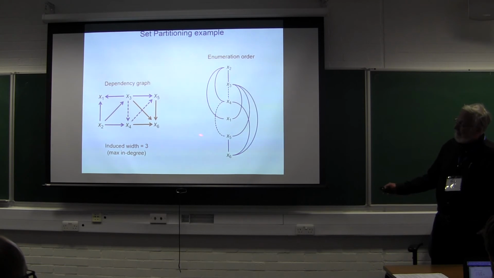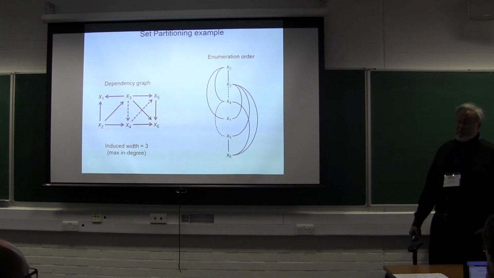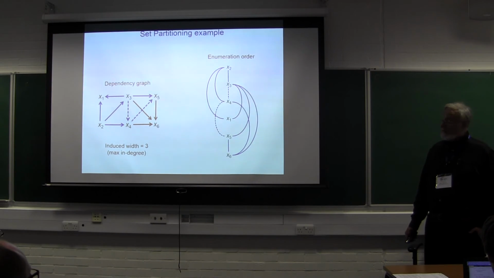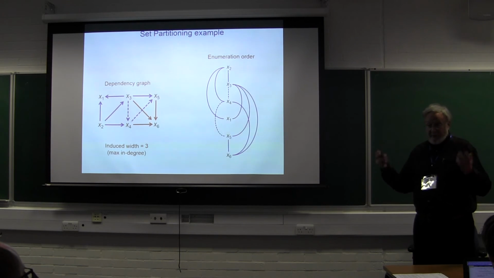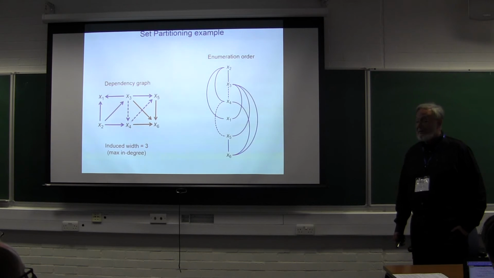The width of this graph is the maximum in-degree. In this case, it's 3. So the max in-degree, or the width, indicates the complexity of the problem. The complexity is exponential in the induced width. It's a fundamental result of problem solving. This comes up all the time.